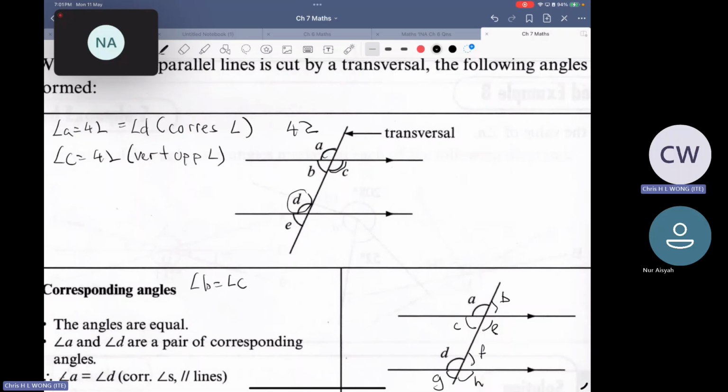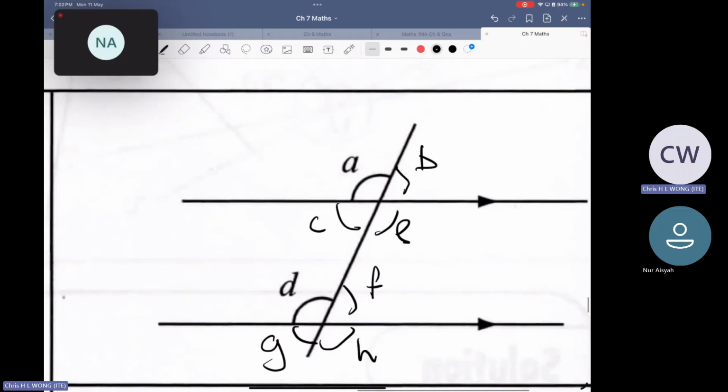Which one? H, corresponding angle. Which angle is corresponding to H?